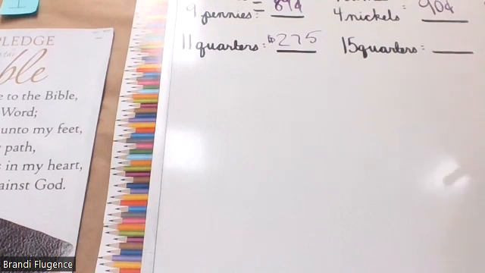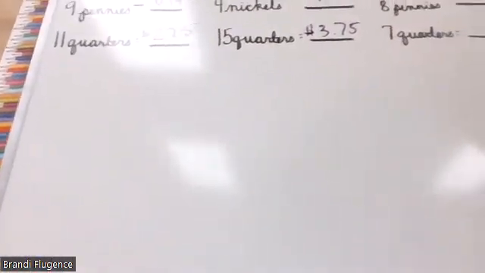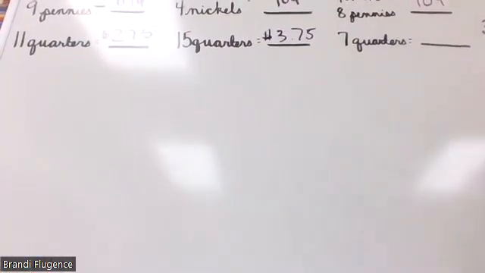No, not $4. Too much. You must have drawn too many. $3.75. $3.75. All right, and then our last one, 7 quarters. This is our last one.